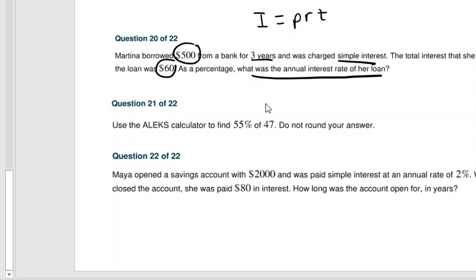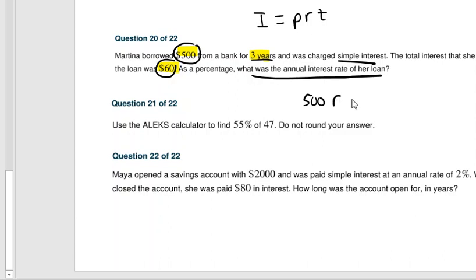So all you have to do on these questions is plug in the things that you know and then solve for the thing that you don't know. So Maria borrowed $500 from a bank, so that's your principal, times the rate, the R, that's something that we don't know, and then the time was 3 years. Okay, so we know the time is 3 years, we know the principal is 500, and we know the interest was I.